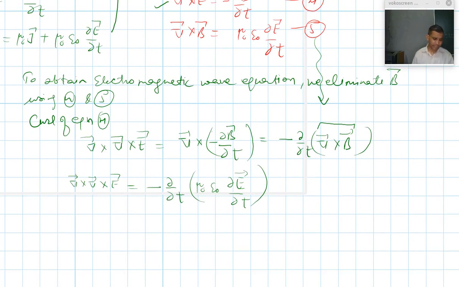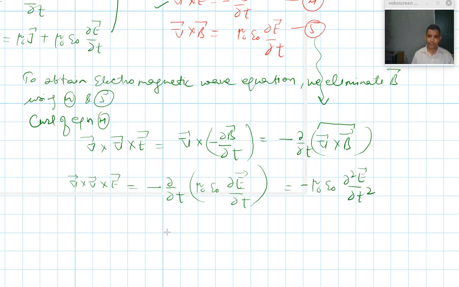If I simplify this, then curly over curly T makes this minus mu naught epsilon naught curly square E by curly T square. That's what we can write, right?